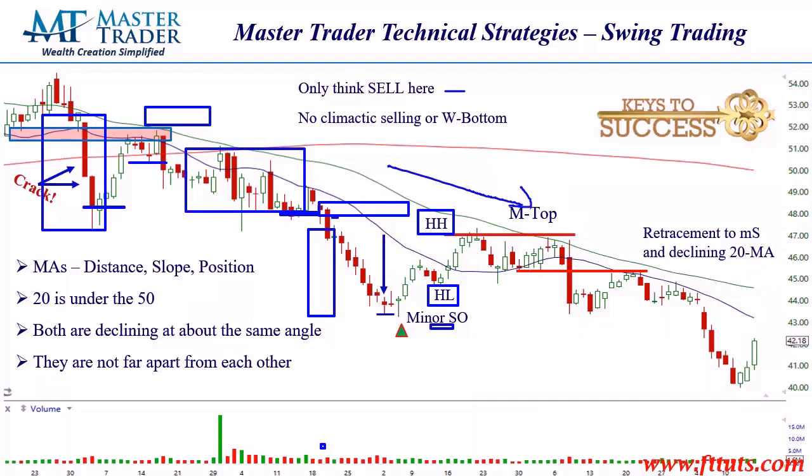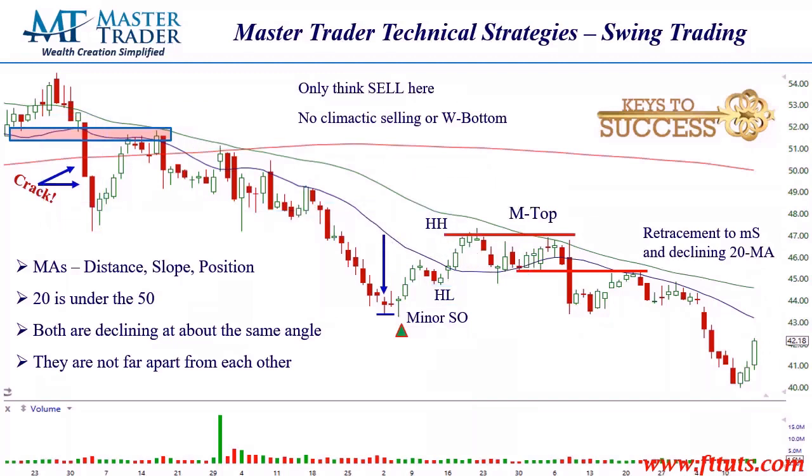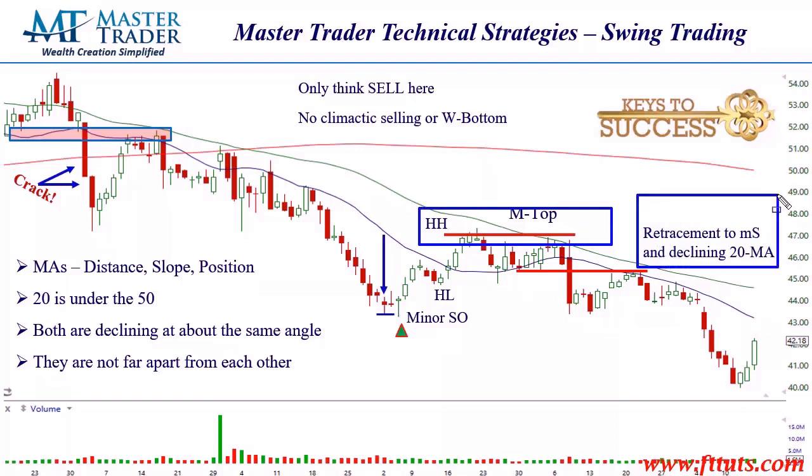And then as it comes up into this void, let's just clean that up a minute. As it comes into this void area here, it then creates resistance. So the odds are in our favor. We already would have looked to see what's over to the left over here, and this M top provides us a new setup.